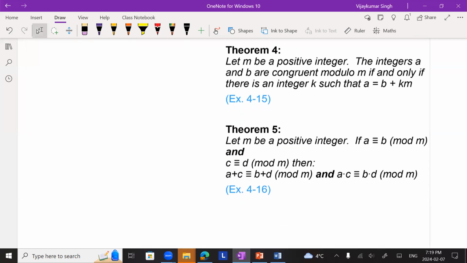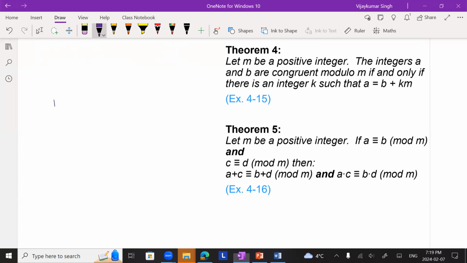Now here comes the result. If A is congruent to B mod M and C is congruent to D mod M, then we can have that A plus C is congruent to B plus D mod M. So let's see the proof of this. Again, let's pay attention to this process. The premise says A is congruent to B mod M. What does the definition tell me?